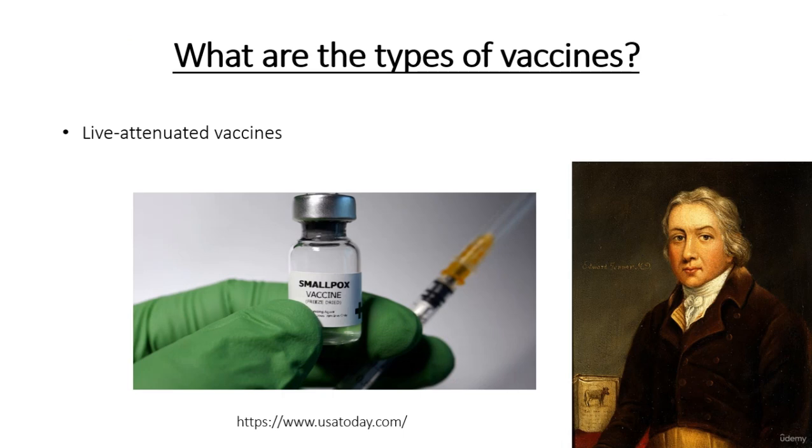Because these vaccines are so similar to the natural infection that they help prevent, they create a strong and long-lasting immune response. So just 1 or 2 doses of most live vaccines can give you a lifetime of protection against a germ and the disease it causes. One such example, or the first live attenuated vaccine that was developed, is the smallpox vaccine by Edward Jenner.